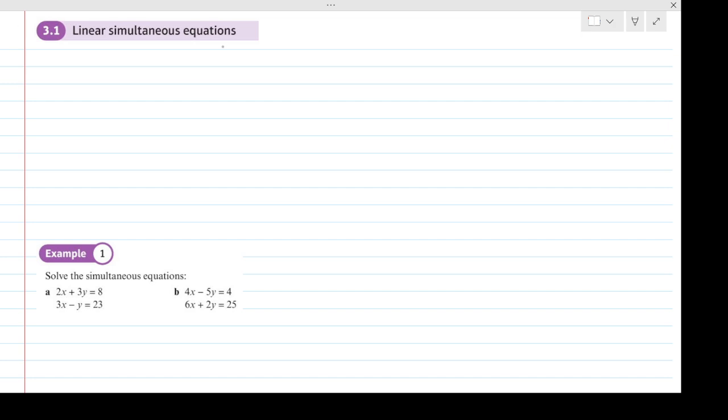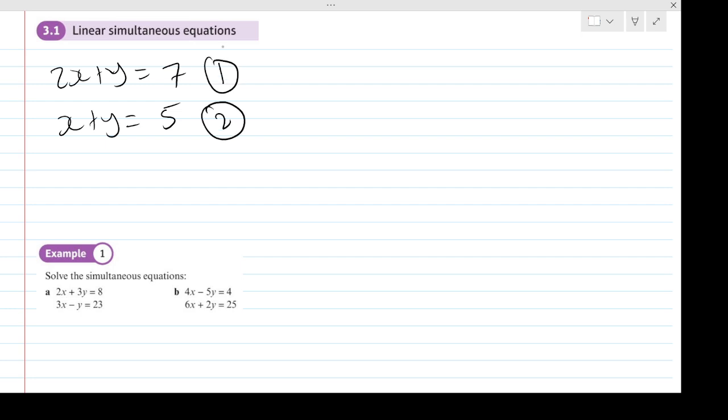So, for example, 2x add y equals, I don't know, 7. x add y equals 5. These are two different equations, right? Equation 1, equation 2. But they have x and y, so the same variables, just with two different equations.